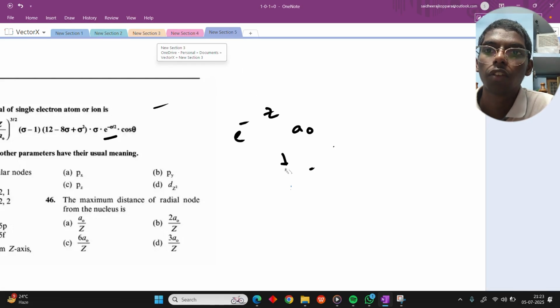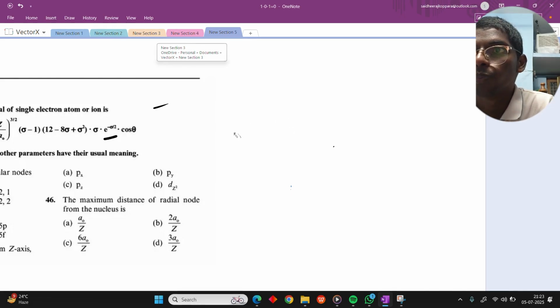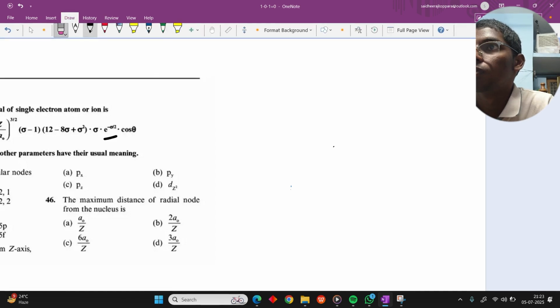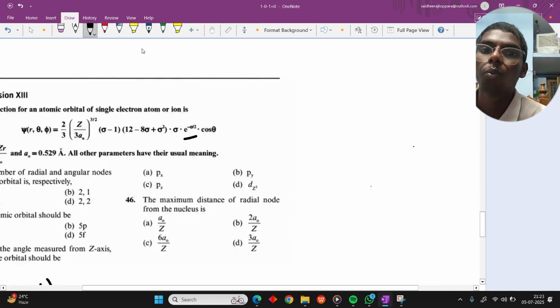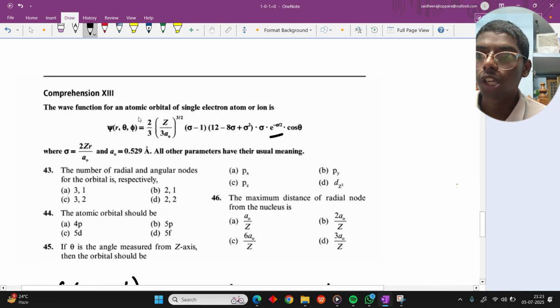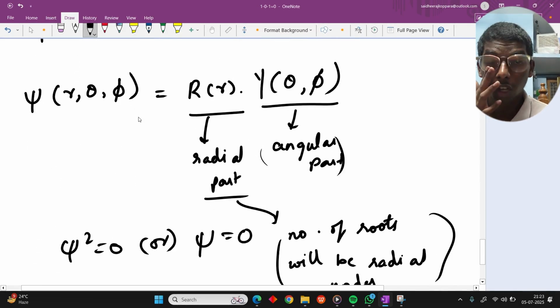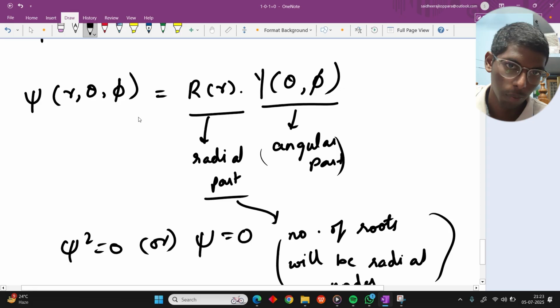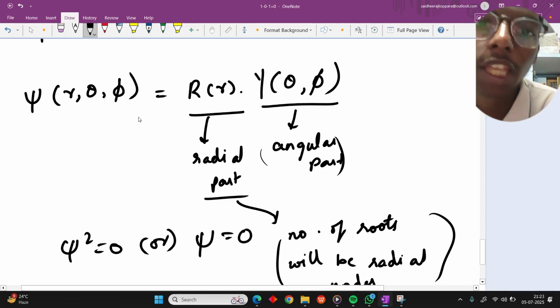Your psi is actually a complex number, and your mod psi square is always a real number, because you are taking the modulus of a plus ib, which is the square root of a square plus b square.